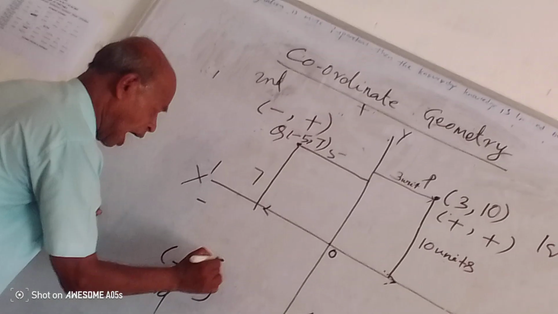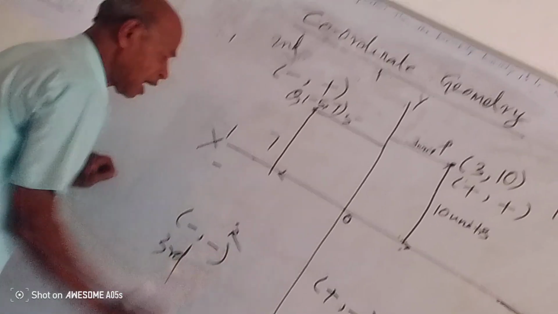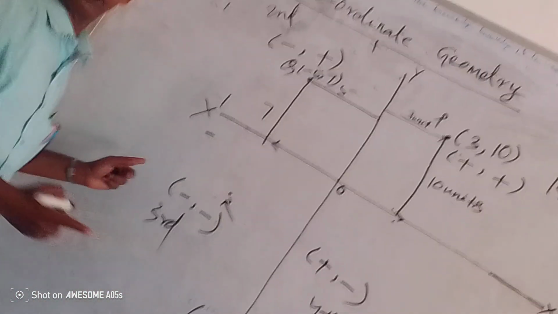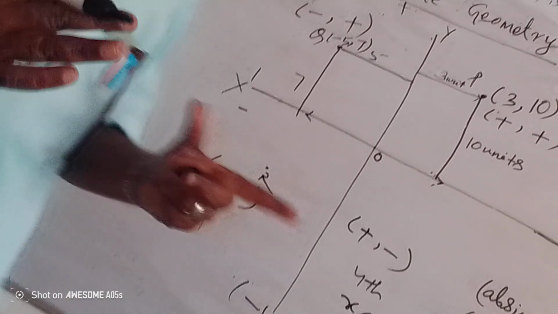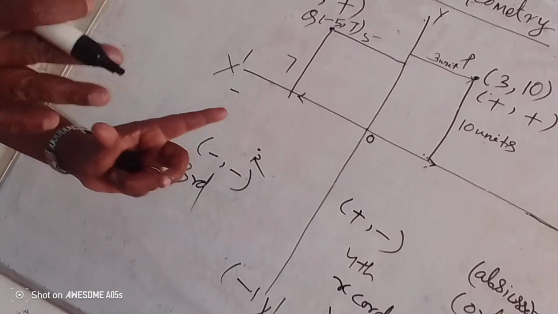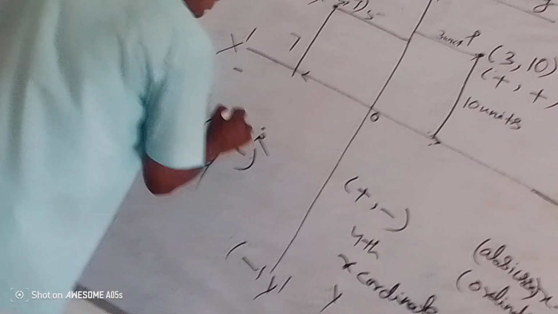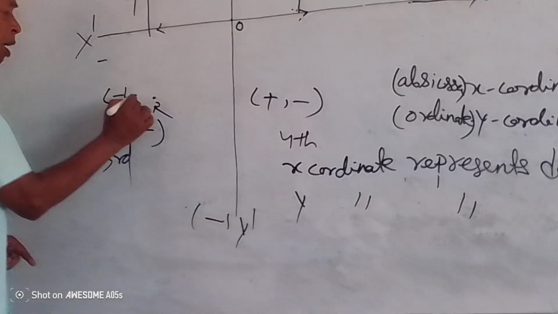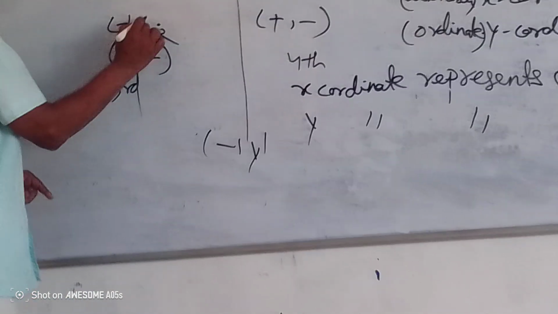Suppose this is the point R. Similarly we can mention the coordinates in units. Here the coordinate suppose (-4, -5), suppose like this.